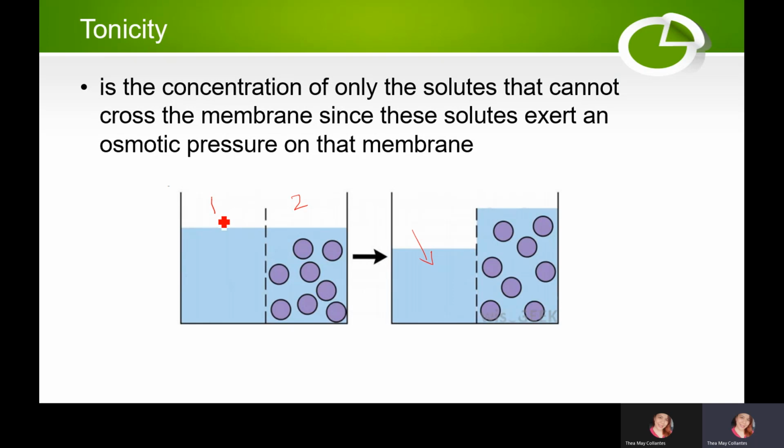This is solution 1, for example, and this is your solution 2. With tonicity, this is just the comparison of the solution that you've inserted to this solution. When you separate them with the cell membrane, what happens to the water? Will it move inside? Will it move towards here? Or will it move towards here?